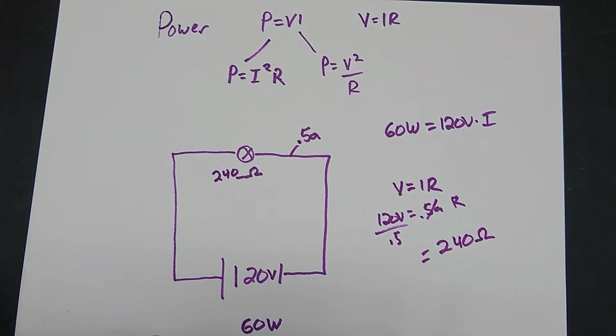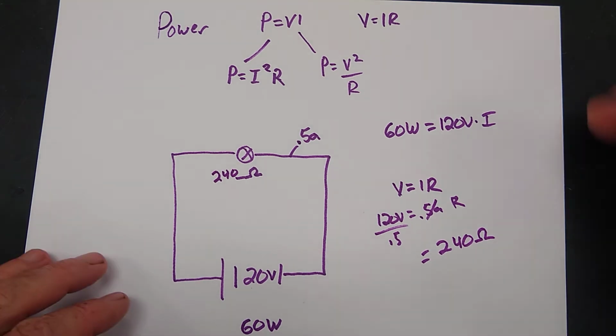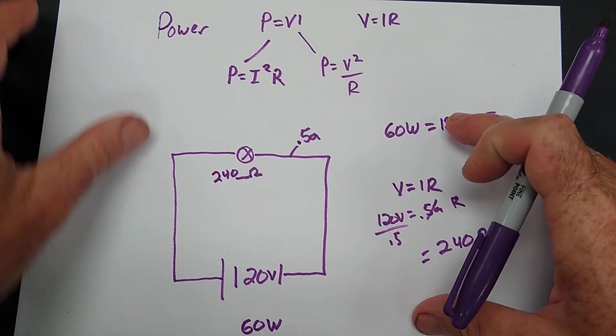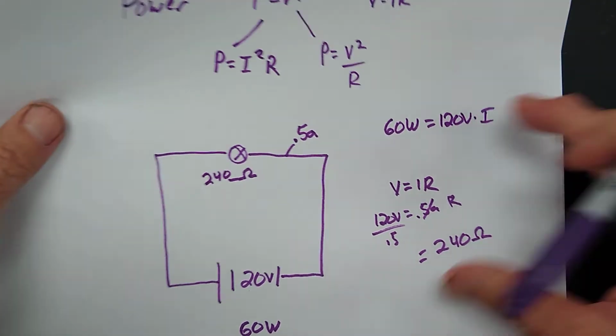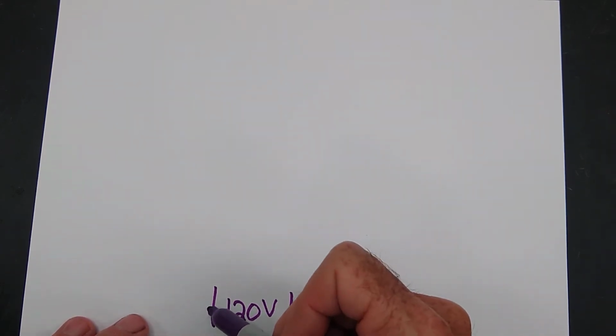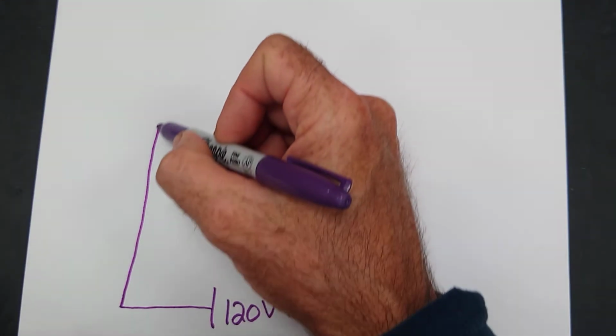Does that make sense to you? If you missed that one, let's try another one. Here's your shot at redemption. This is the exact same problem. We're just going to be doing it in a different way. We've got 120 volts.